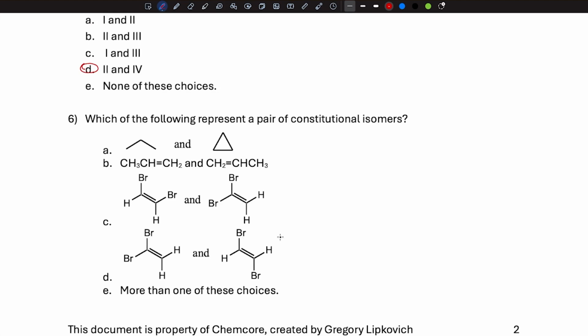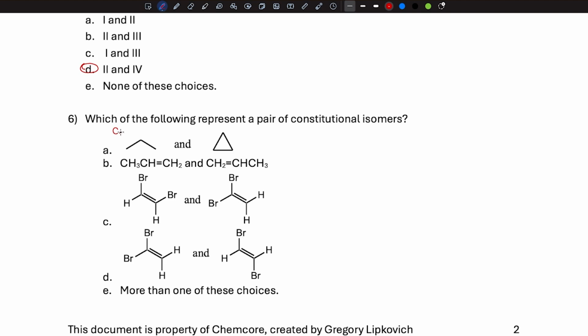In the next problem, they're asking us which of the following represent a pair of constitutional isomers. To do that, my strategy is to write out the molecular formula for each and then determine each individually. So the first one, we're getting two structures. Clearly they look different. Do they have the same molecular formula though?